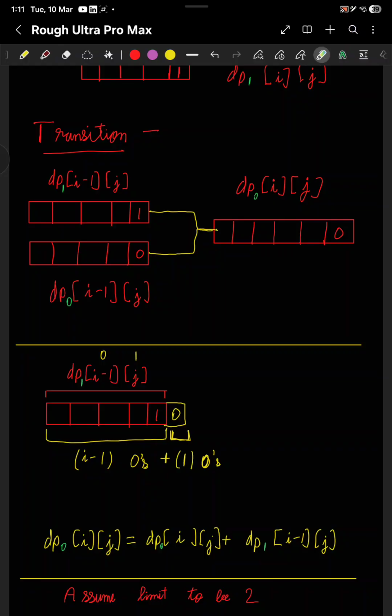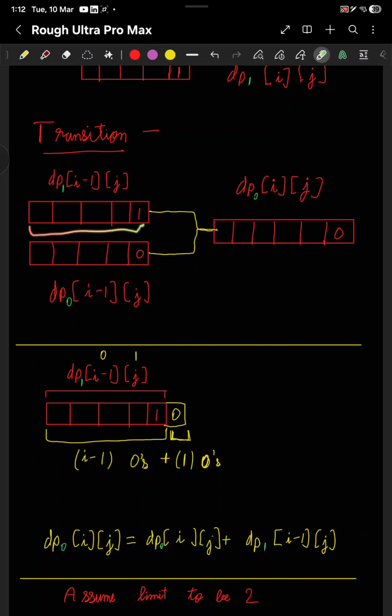So we have two substates for this. If we consider this state which has a 1 at the end, we actually know that this state has all the subarrays stored that are ending with 1 and that are valid.